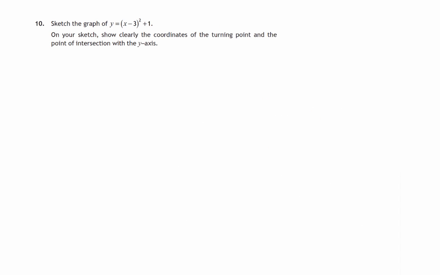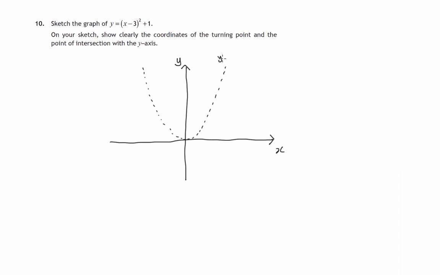So let's get our axes drawn. There's our y-axis and there's our x-axis. Label them. And remember we had the graph y equals x squared, and when we subtracted positive numbers from that, the graph moved to the right.